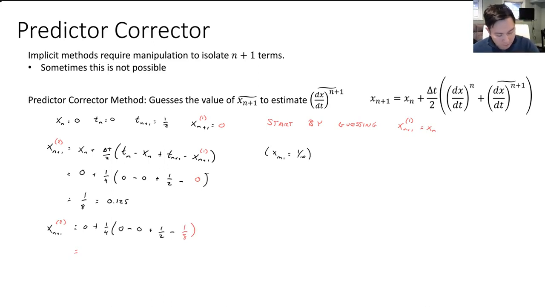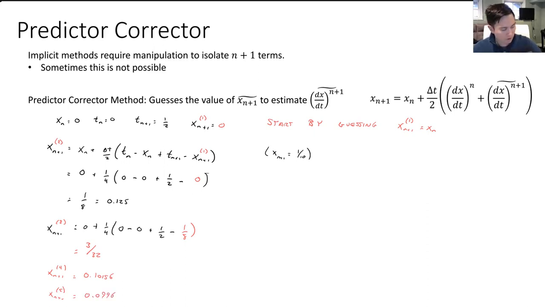That gives us a value of 3 over 32, which is remarkably close to 1/10. And if we were to repeat this, we would get values of 0.10156, and then an x of n plus 1 value of 0.0996.